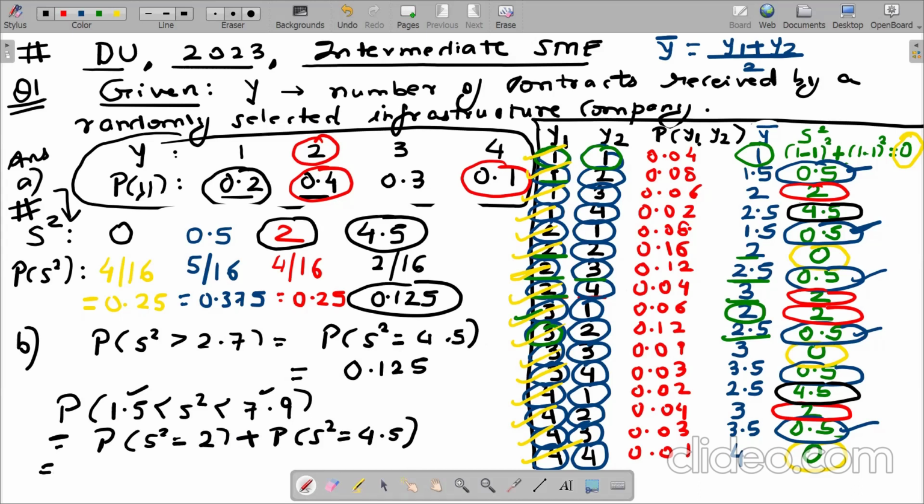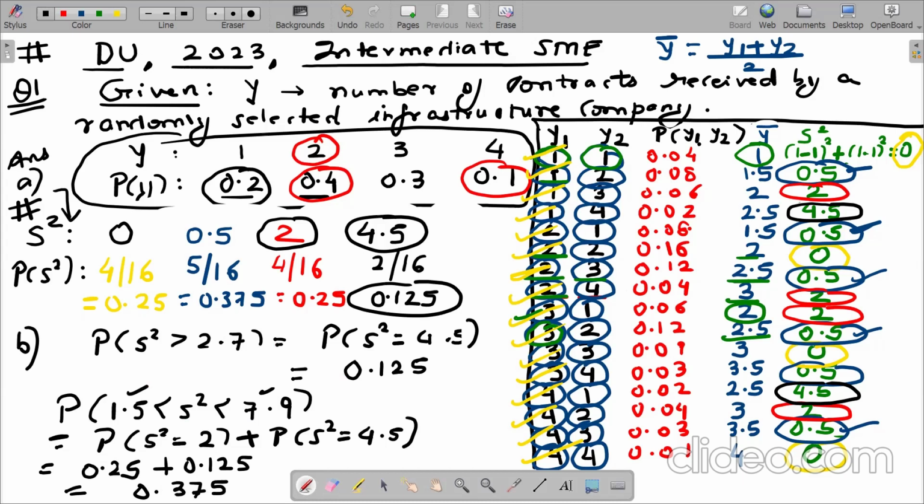Probability of S square taking the value 2 is 0.25. And probability of S square taking the value 4.5 is 0.125. If I add up 0.25 plus 0.125, my answer is 0.375. This is the answer for probability of S square taking the value between 1.5 and 7.5.